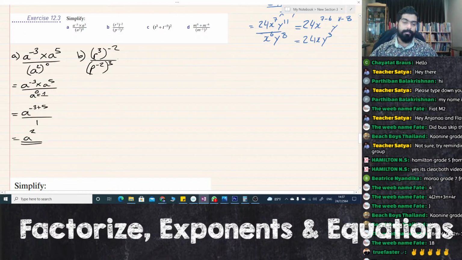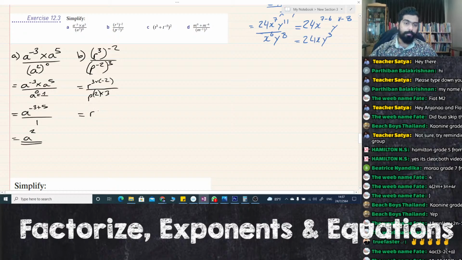We have r to the power of 3 multiplied with negative 2 over p to the power of negative 2 times 3, right? Negative 2 times 3. So what we would have here is r to the power of negative 6 over p to the power of negative 6 also, okay?